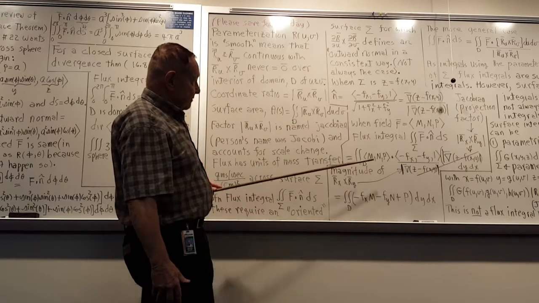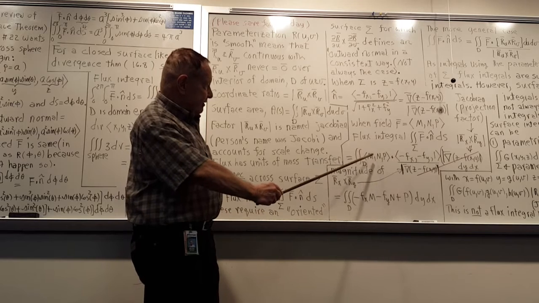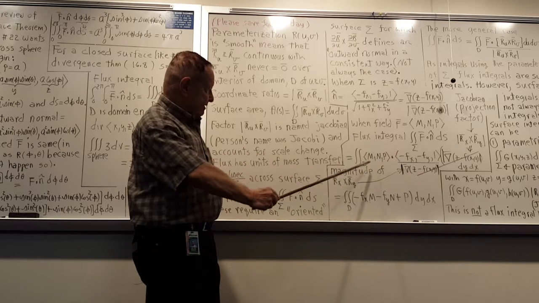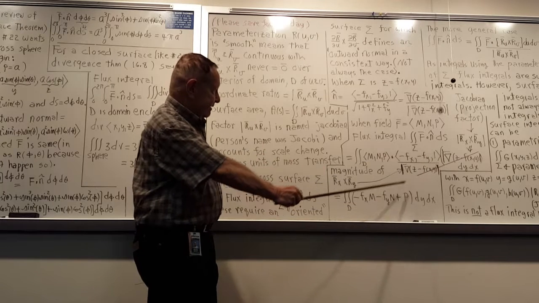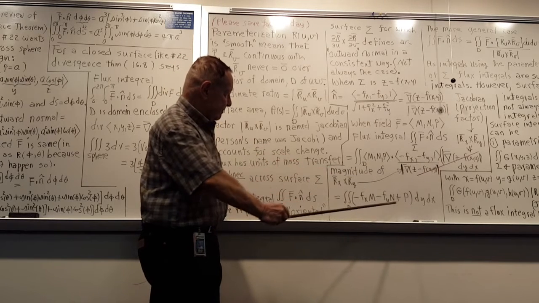So then if you dot this out, you have minus f sub x m, you have minus f sub y n, and you have p.